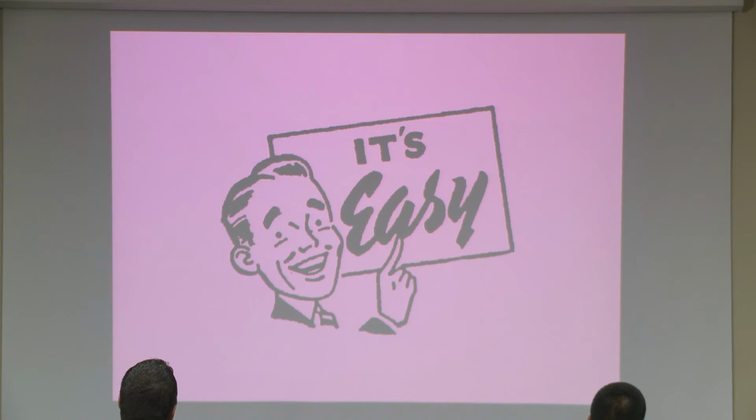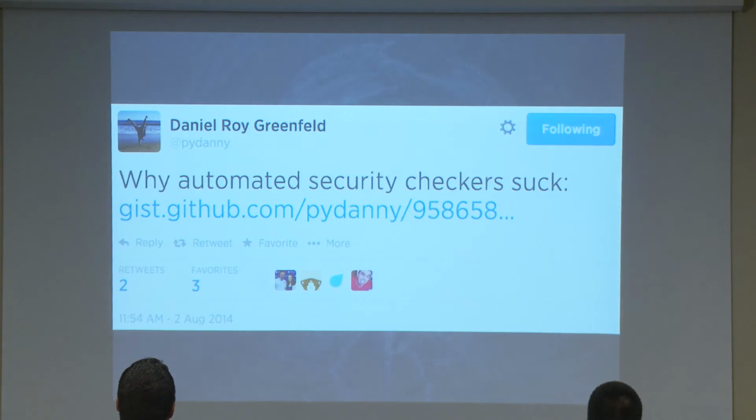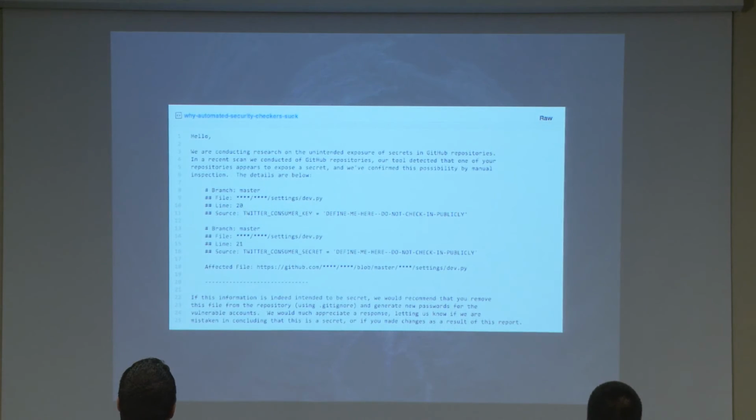But one question that came up when Kyle and I were doing this research is, can't we just let people know when they screw up? And it turns out that there's a lot of people trying to do that, but they don't do it very well. So this is an email that some security researcher sent out.